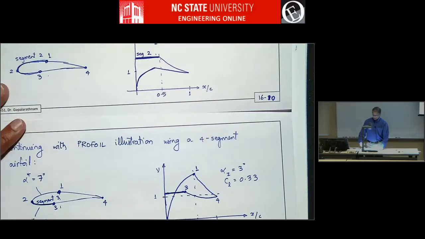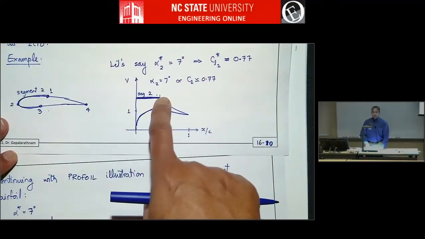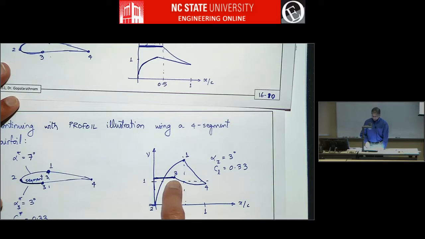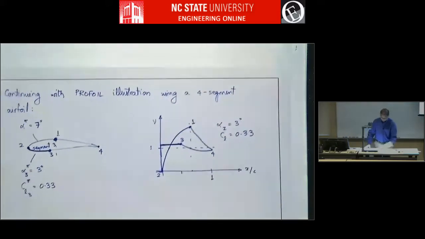So if you run this same airfoil at CL of 0.77, you'll have flat top here, and same airfoil, if you run it at 0.33, this will be flat. And these are at different angles of attack, so you're using different portions of the airfoil, one portion for one angle of attack, another portion for another angle of attack, and you get both.